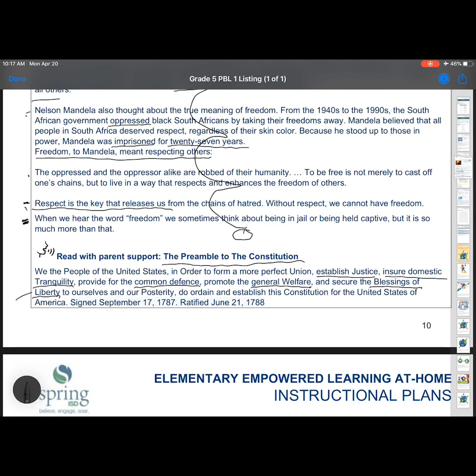To ourselves and our posterity. Posterity just means for the future. Do ordain and establish this Constitution for the United States of America, signed 1787, ratified June 21st, 1788. So they signed it 1787, but it didn't become a law until 1788. Okay, ratified just means it became the law.